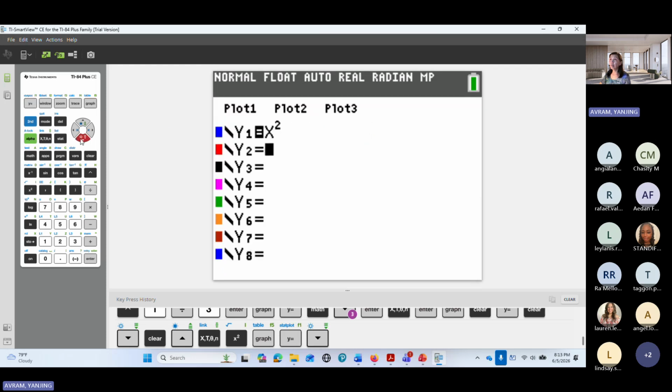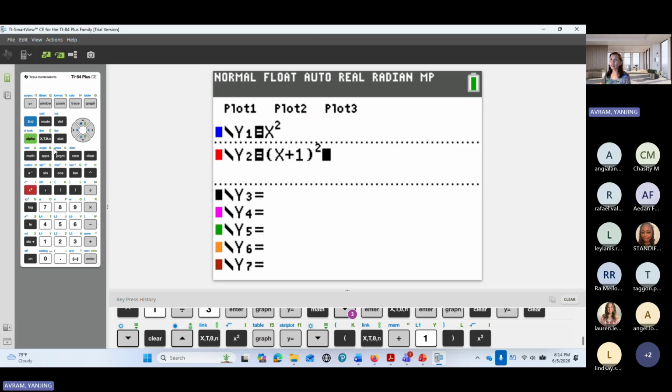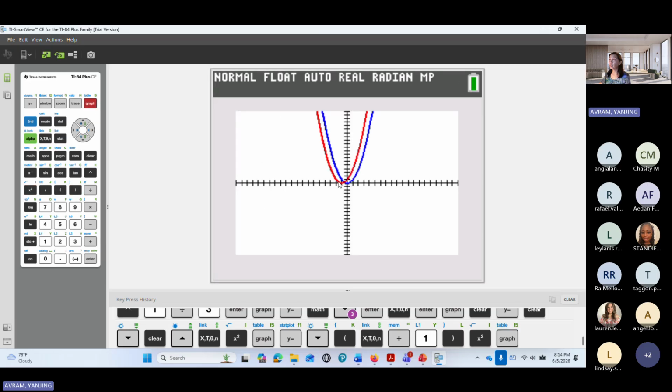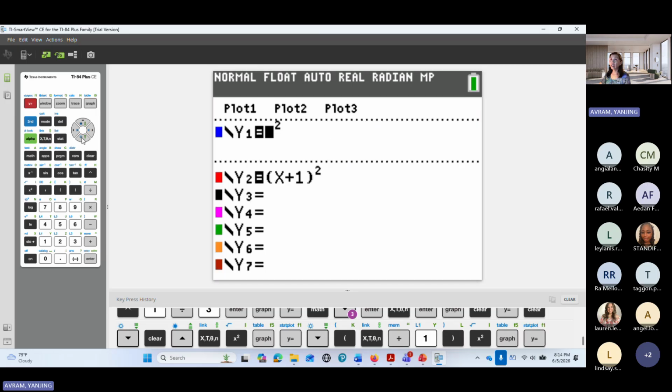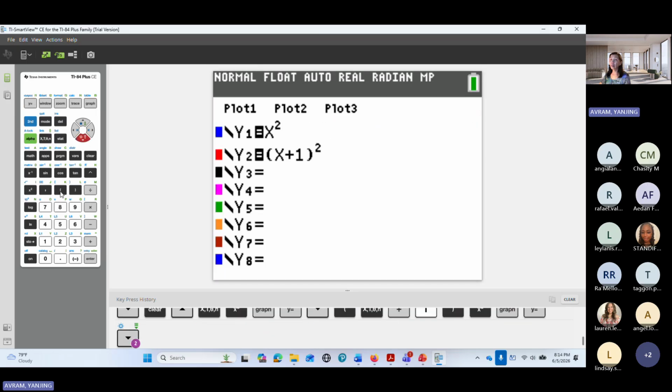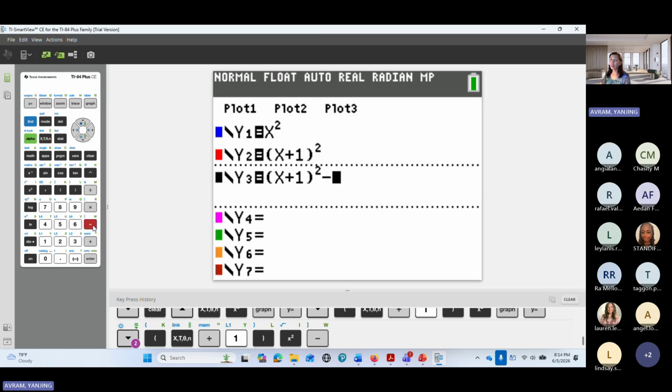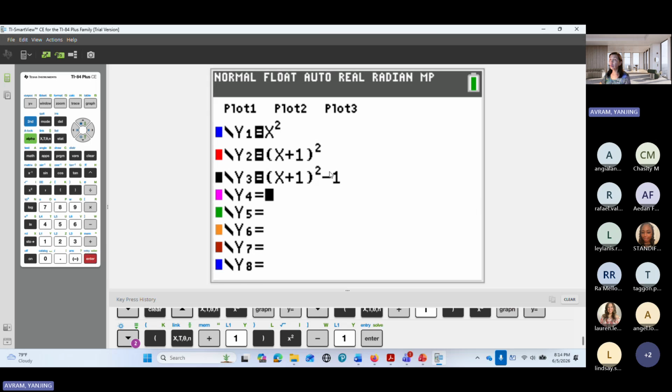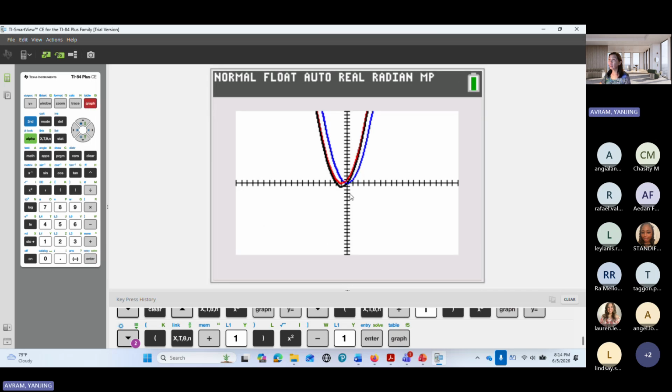But if I have this one right here, this is moving to the left, so it should be x +1, and then squared. Look at it, moving to the left for 1 unit. And if I have x +1 squared and then -1, this will be moving to the left 1 unit and also moving down 1 unit.